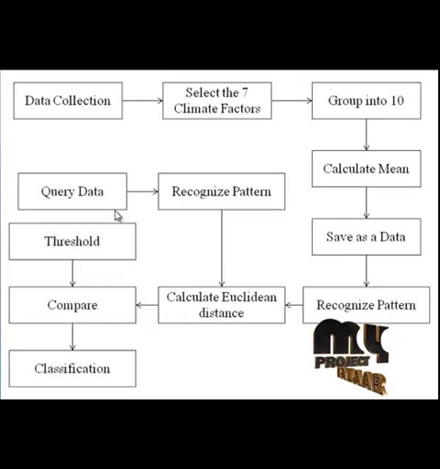When the query data is given, we are recognizing the patterns using the Markov chain model, and then we are comparing the query data recognized pattern and the train data recognized pattern using the equivalent distance measure. While measuring the equivalent distance, we get some distance metric, and based on that we specify a threshold and compare it with that threshold.